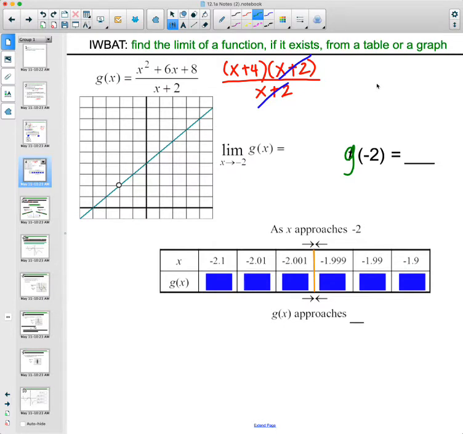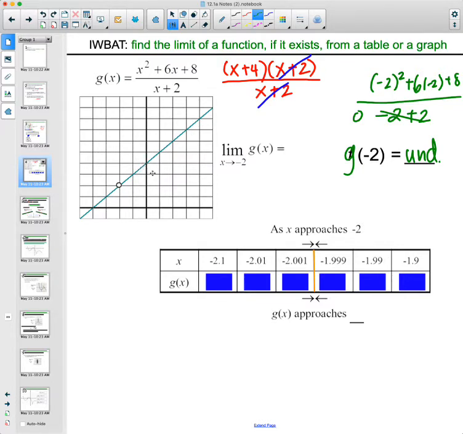Well, if you plug it in, and you do -2 squared plus 6 times -2 plus 8 on top, and then -2 plus 2 on the bottom, that bottom is 0. So anything divided by 0 is undefined. So you actually can't plug -2 directly into this function.